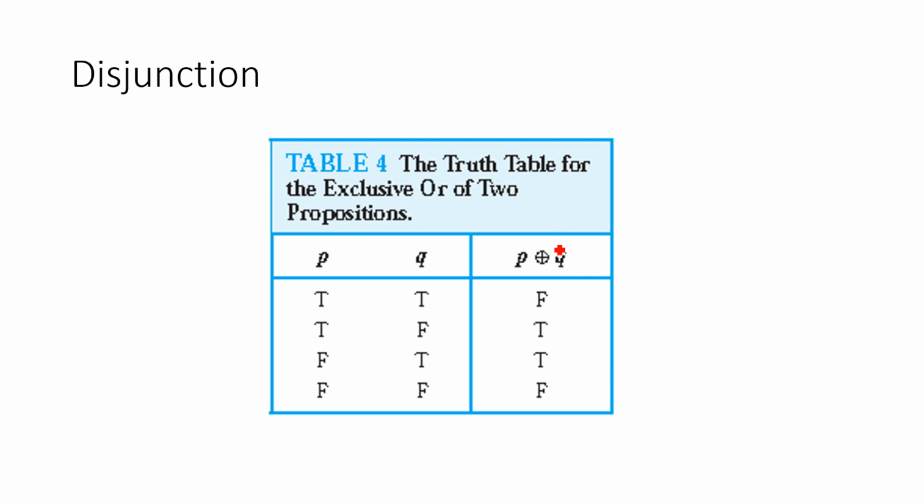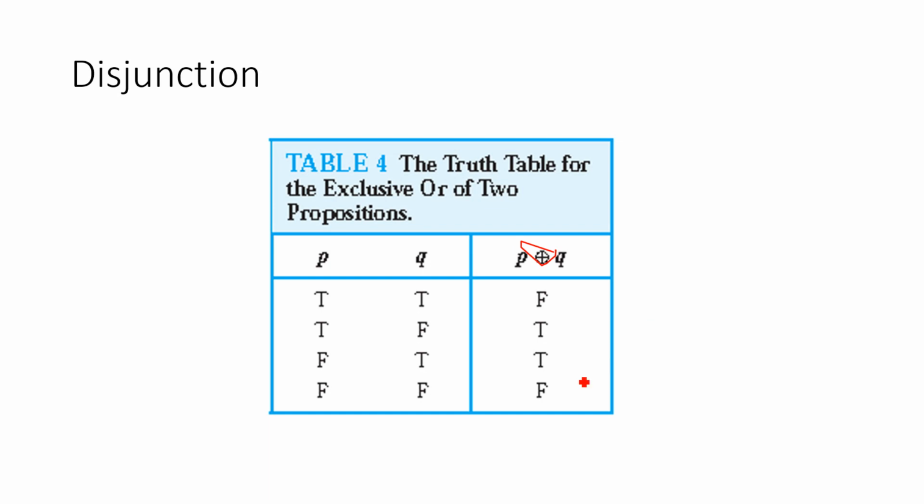In the truth table, if P and Q are both true, then P exclusive or Q is false. If one of the two propositions is false, then it is true. And if both propositions are false, then it is false.